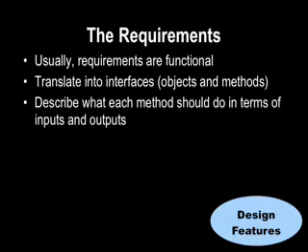So it's usually going to be translated into interfaces, which are objects and methods. And then what you really want to do is, for those interfaces, describe what the expected inputs and the expected outputs are. Inputs are traditionally thought of as the function arguments.